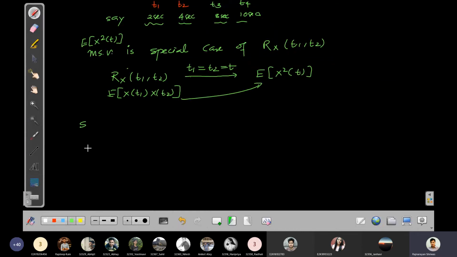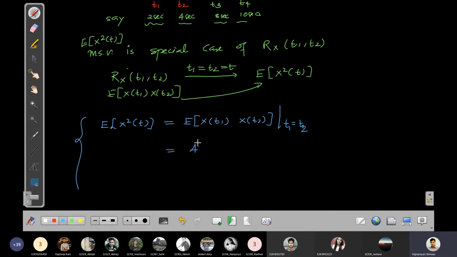So the third example that we took in that numerical, or the third calculation which we have done, was calculation of mean square value. The mean square value is going to be expectation of X(t1) X(t2), and take t1 the same as t2, and you get the answer. What we got was A squared by 2 cos 2 pi fc, and that was t2 minus t1.